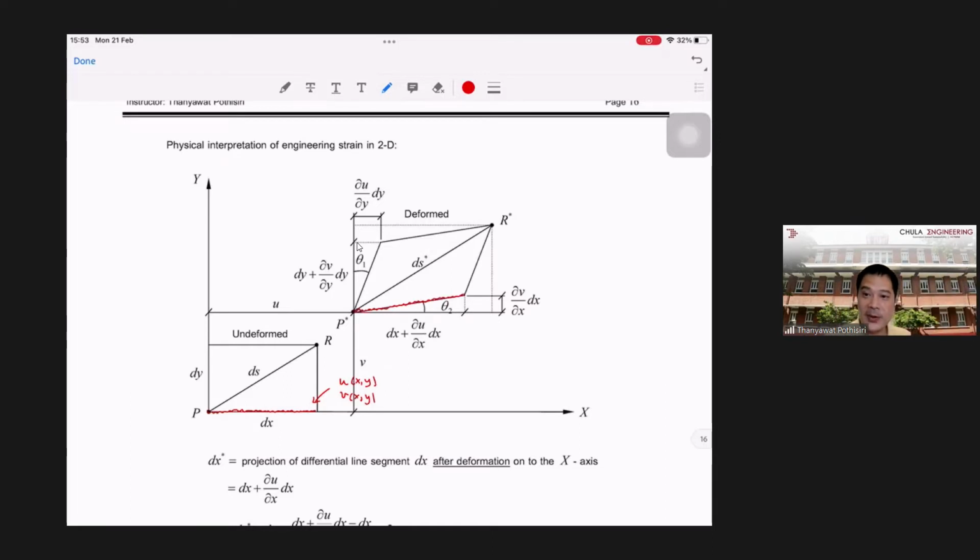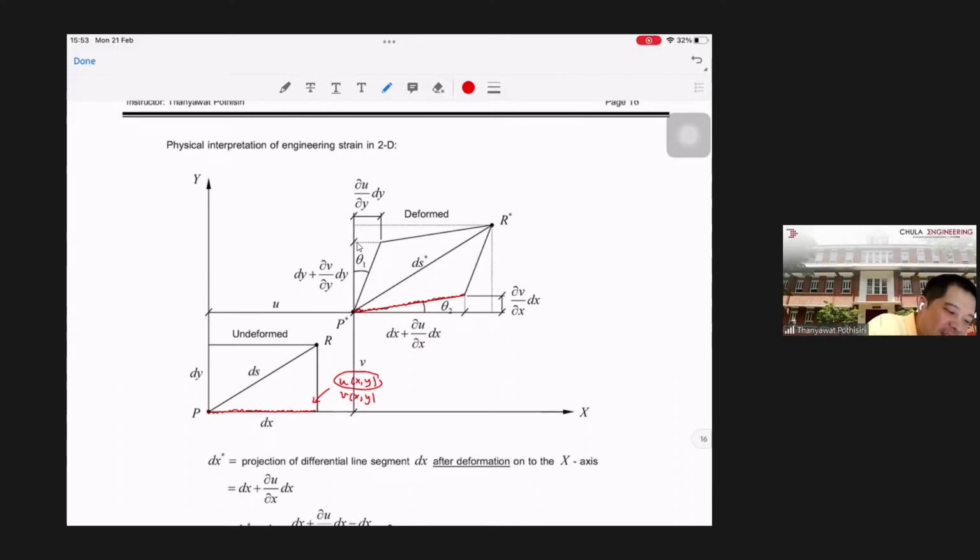But as I said previously, how much this line has elongated in x direction only would depend now on the u function, because the u function governs how you displace in x direction, right?